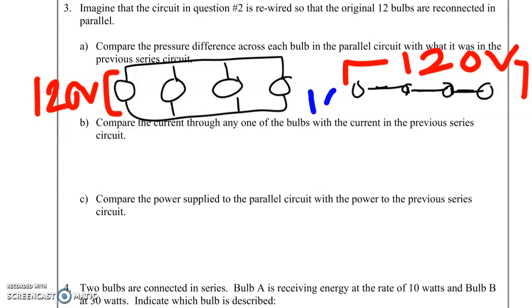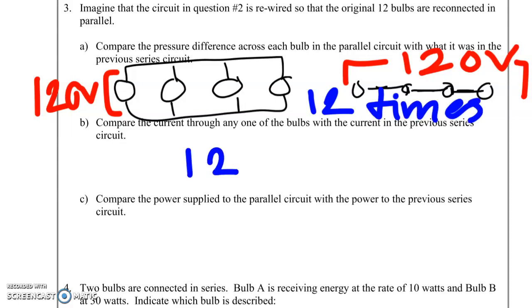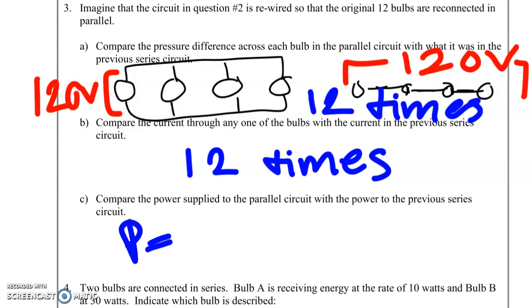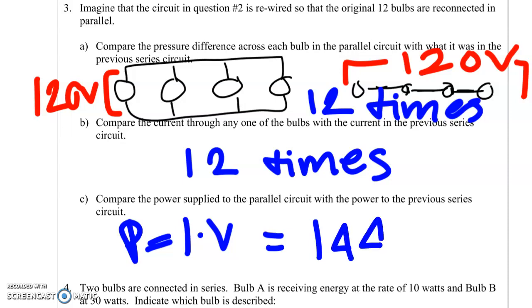Okay, so they have 12 times the voltage, which means they have 12 times the current. And since they have 12 times the voltage and 12 times the current, and power is current times voltage, that means that they have 144 times as much power in total.